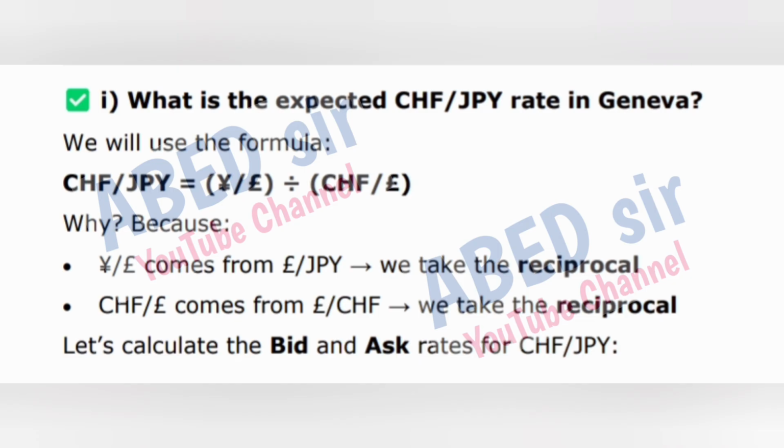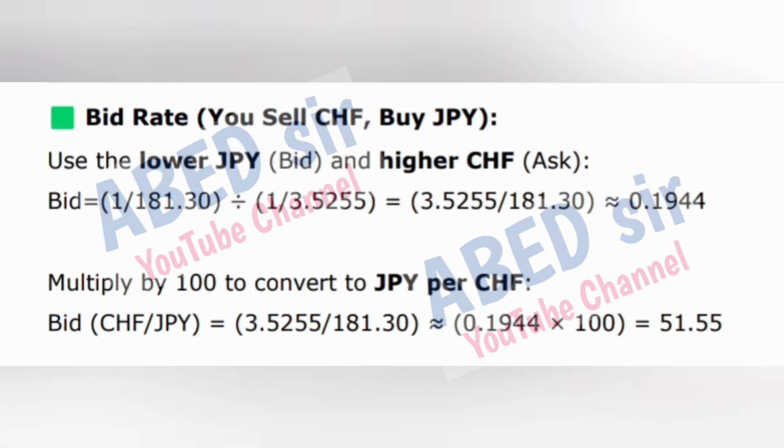Let's calculate the bid and ask rates for Swiss franc to Japanese yen. Bid rate, you sell CHF, buy JPY. Use the lower JPY bid and higher CHF ask. Bid is equal to 181.30 divided by 3.5055, which is 0.1944. Wait, using the lower JPY, bid is 180.80 divided by 3.5055.